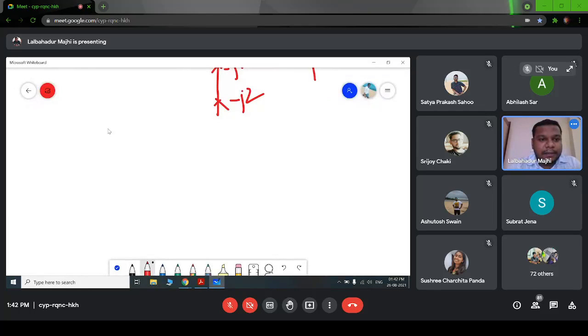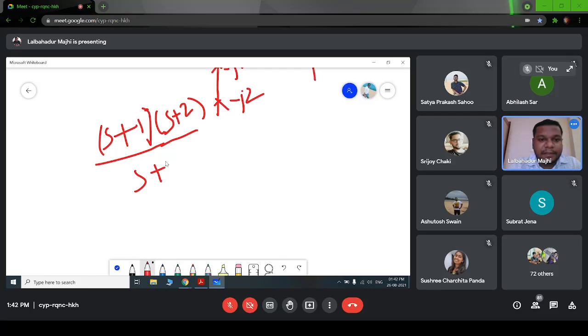Suppose we have s plus 1 divided by s plus 1 into s plus 2, divided by, let's say, s plus 3. We have fewer zeros as compared to the poles: 1 zero and 2 poles.